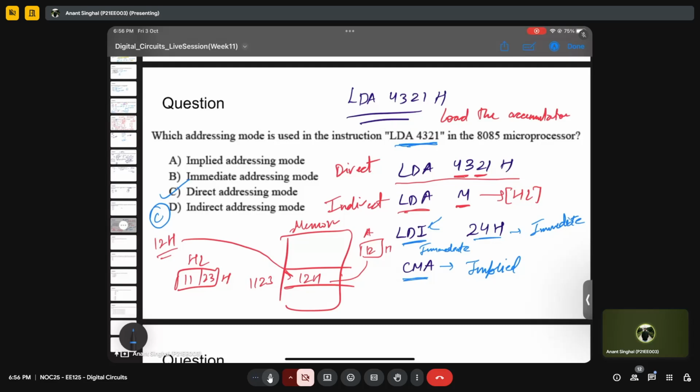The second one is indirect, in which we write some memory location, we fetch that memory location, and whatever data is in that memory location gets loaded in the accumulator. The third one is immediate mode, which is LDI, so whatever is written adjacent to it is immediately written in the accumulator. And CMA is the implied addressing mode. So the correct answer to this problem is option C.